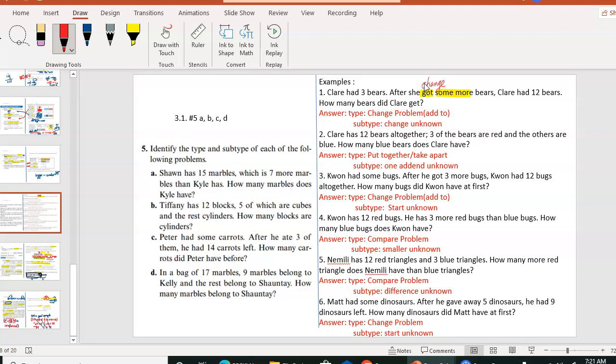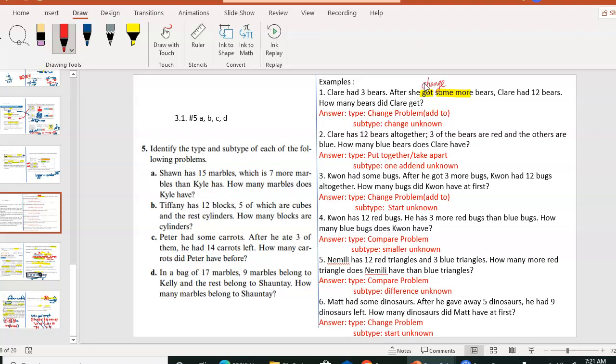So it's up to you whether you want to just say the change problem or add to, because the change problem also has another type, which is take away. For example, if you say she gave her friend some bears, that's a take away problem. But it's also a change problem, because it doesn't matter whether it's add to, got some more, or take away, which means gave away some.